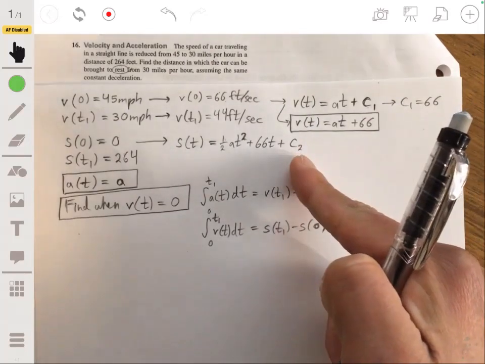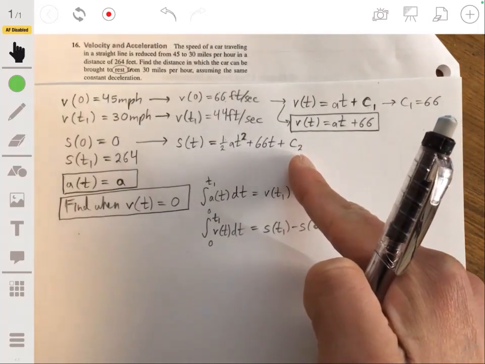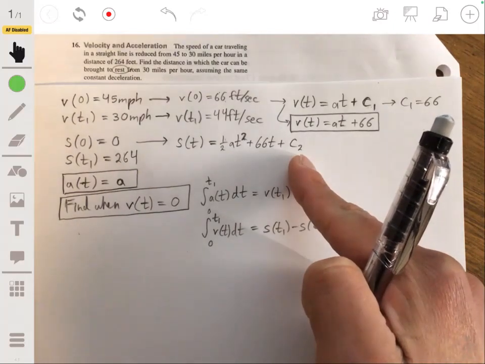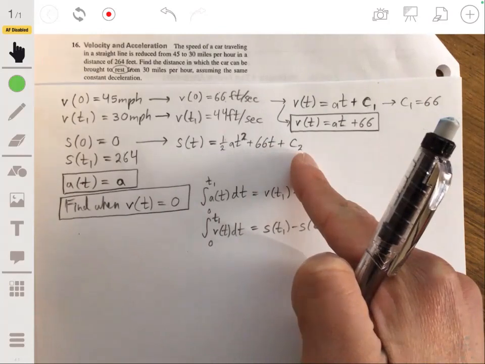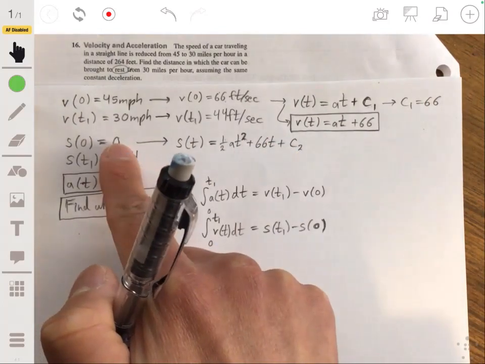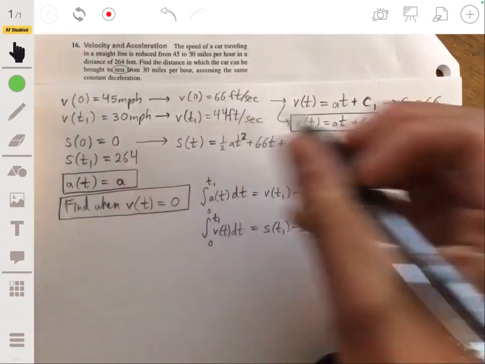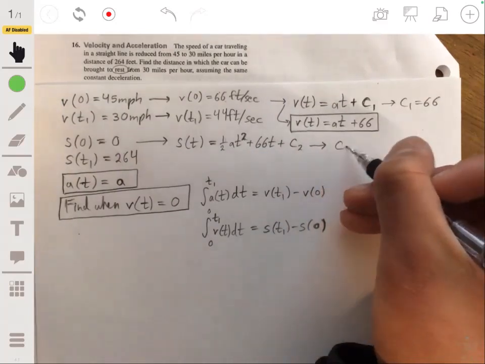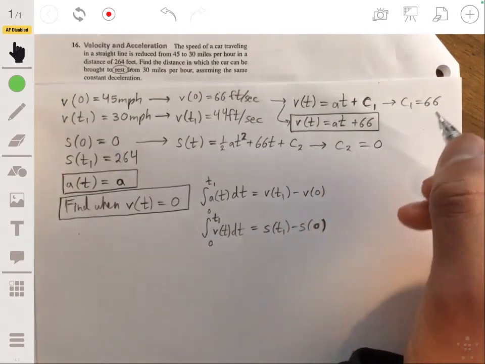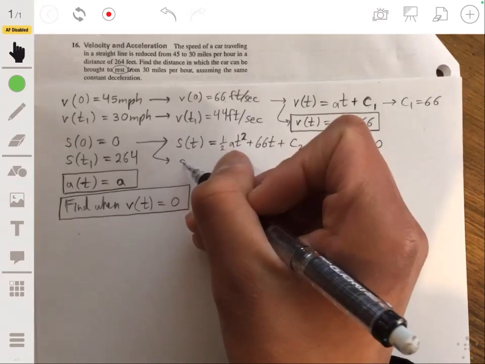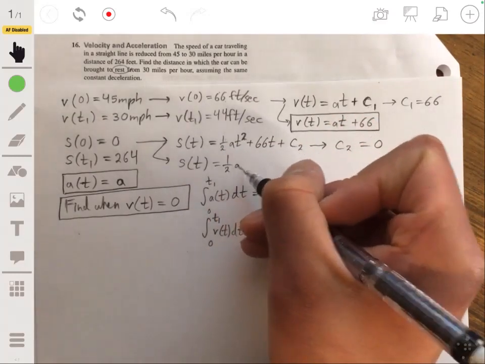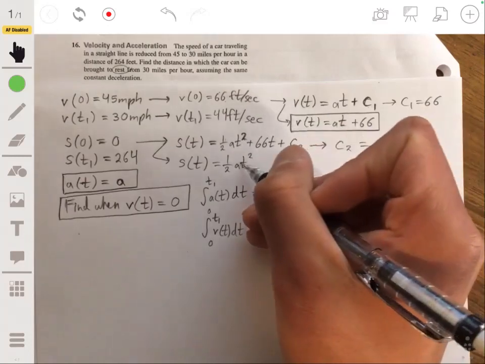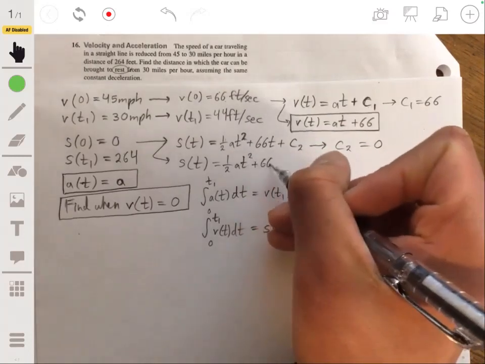Now c2 is going to be the position when t is 0, because when you plug in 0, all you're left with is c2. We're told that the position at time 0 is 0, so c2 is 0, and we can write our position equation so far as 1/2 at squared plus 66t.